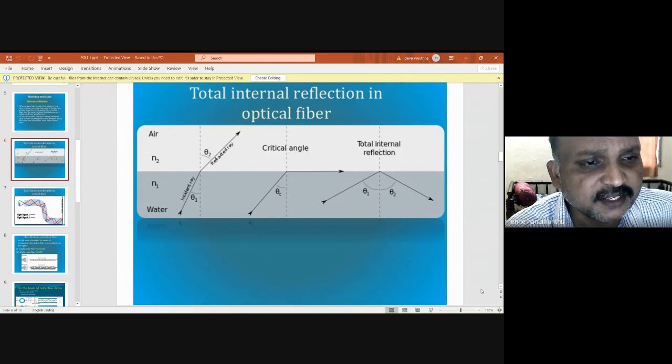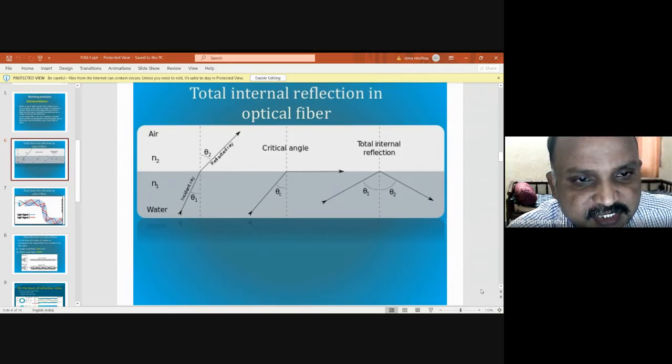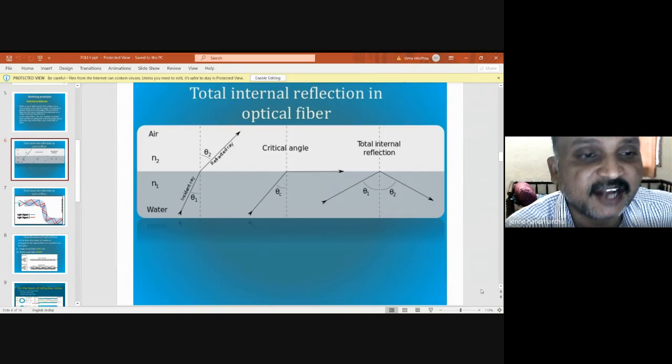When the light enters the core boundary, see, this is the first case. Light is reflected sometimes, and some light is refracted.